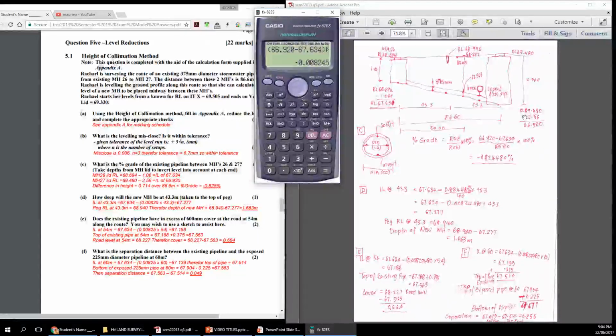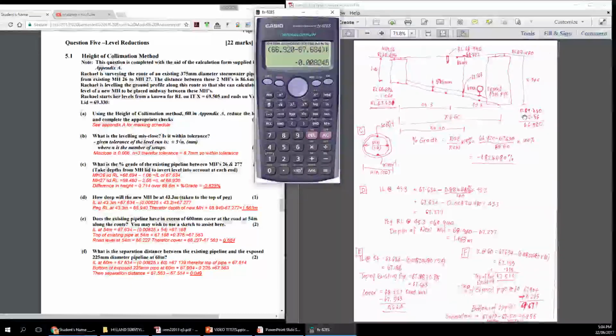And there appears to be a small error in the model answers in that regard. 67.904 minus 225 is not 67.563. So it's 67.679.